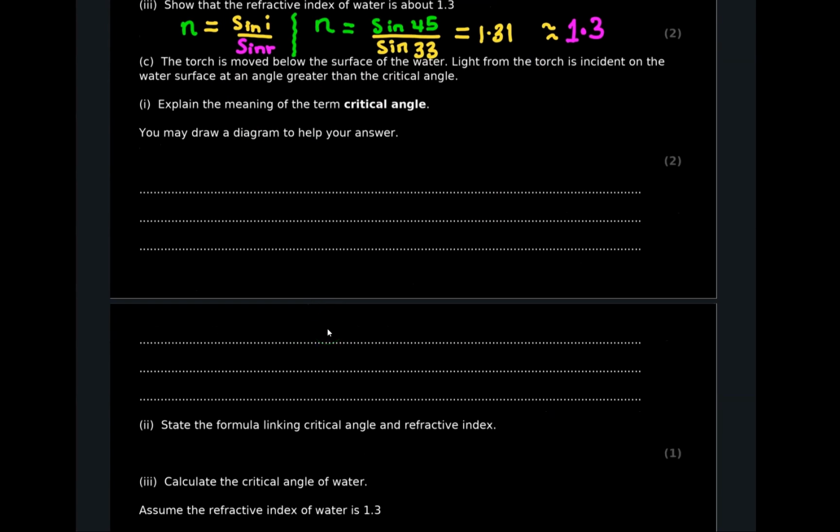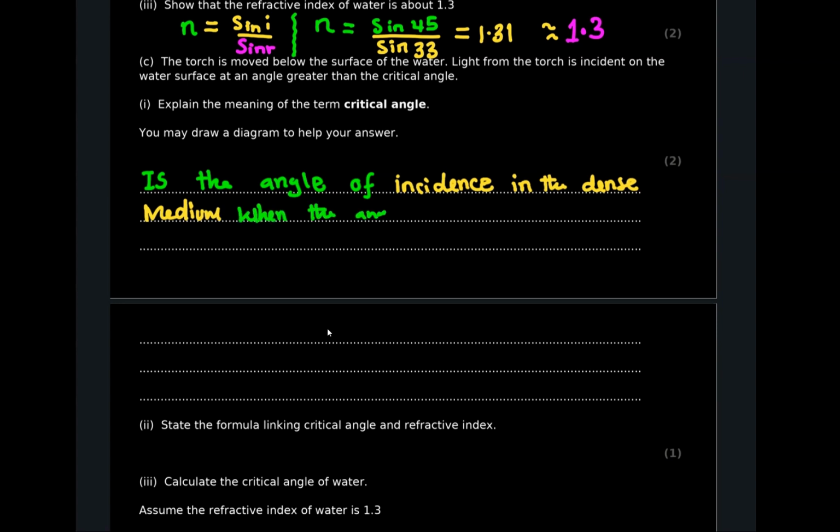Critical angle is the angle of incidence in the dense medium when the angle of refraction in the less dense medium is 90 degrees. If you are given such a question, that is what you are expected to write, and I can see here they said you may draw a diagram to help you answer.